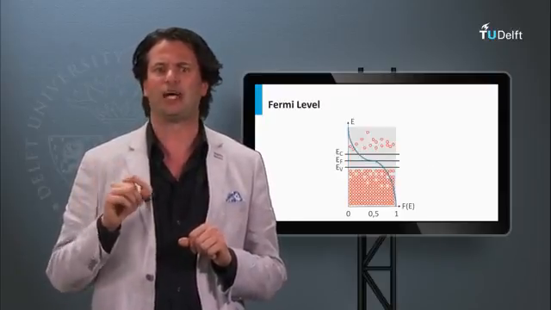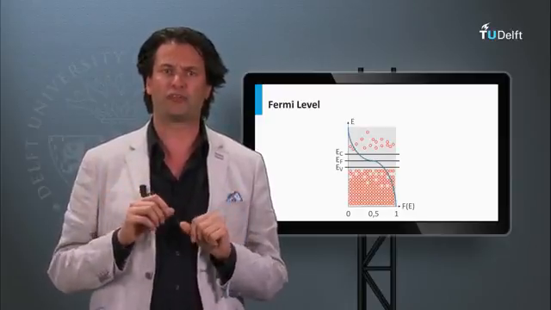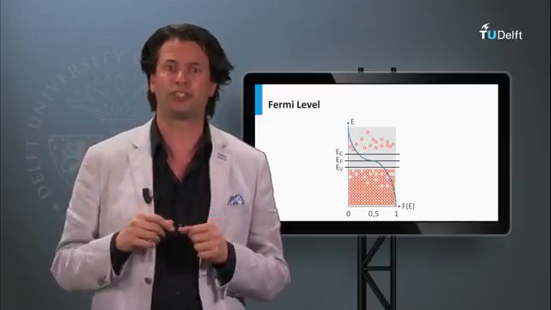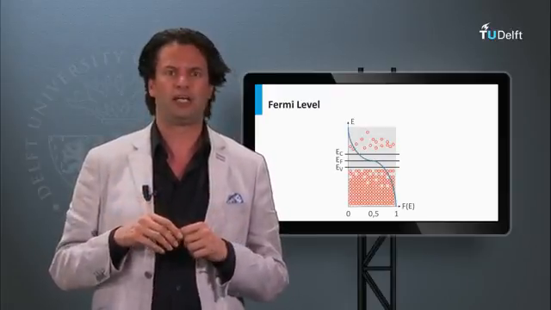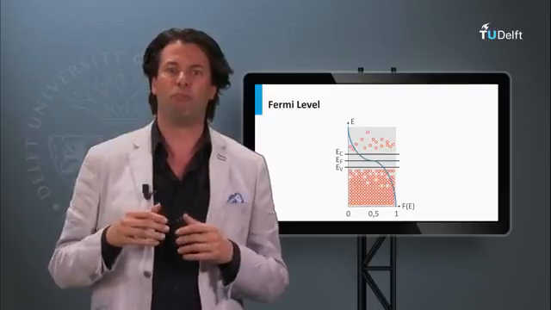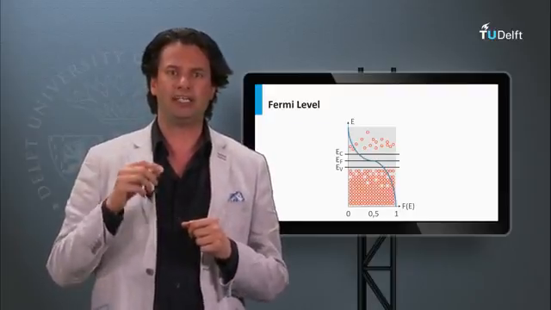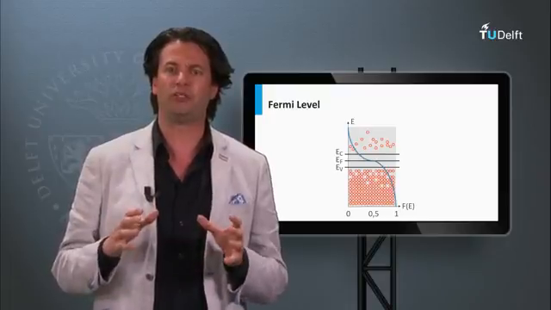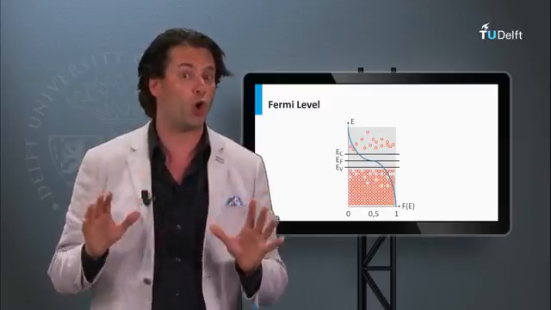If we increase the temperature, the shape of the Fermi-Dirac function broadens around the Fermi level and some electrons have the chance to occupy the conduction band as well. The higher the temperature, the more electrons can occupy the conduction band. This demonstrates the physical principle that if you heat up a semiconductor material, it becomes more conductive.